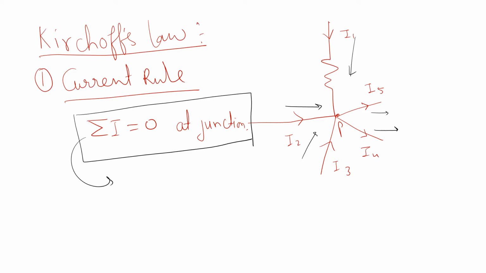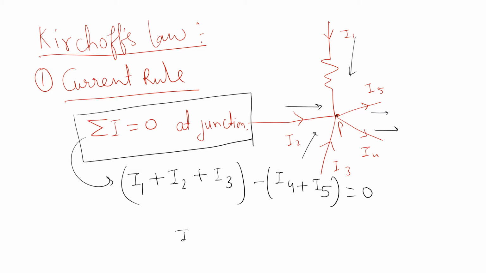If I write it, let us assume the current which is coming toward the point P is positive, and the current that is coming out from point P is negative, just for the sake of simplicity. So I1, I2, I3 are coming, but I4 and I5 are outgoing, or I can write it as I1 plus I2 plus I3 equals I4 plus I5.